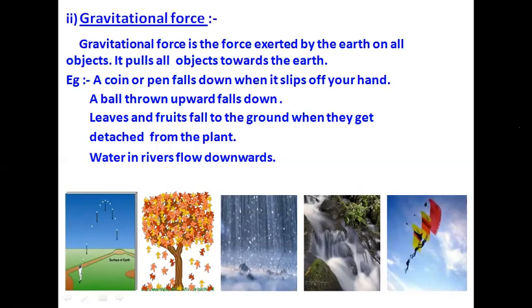There are so many examples, like a coin or pen falls down when it slips off your hand, a ball thrown upward falls down, and leaves and fruits fall to the ground when they get detached from the plant. Also, rainfall and waterfalls are examples of water flowing downward. So these are all attractive forces exerted by the earth on the object.